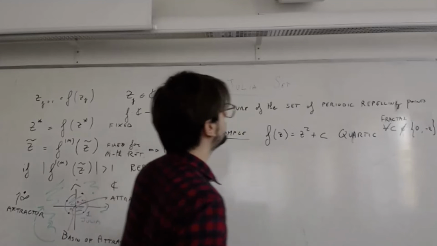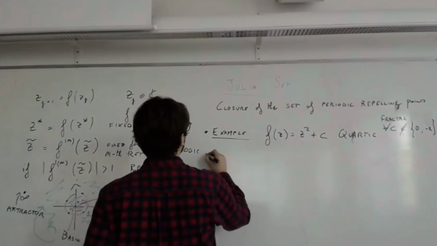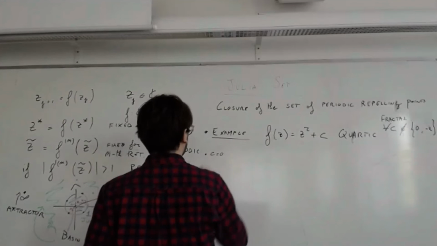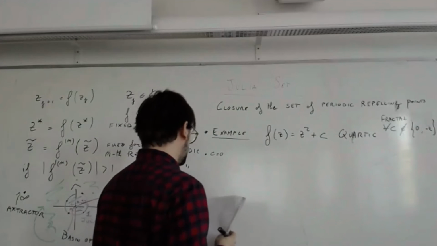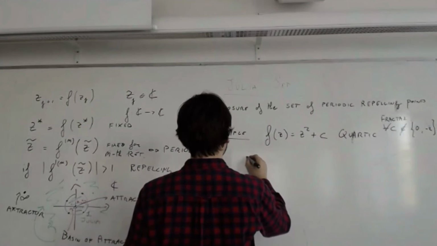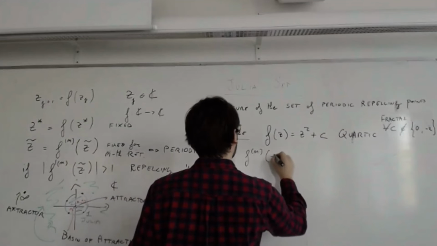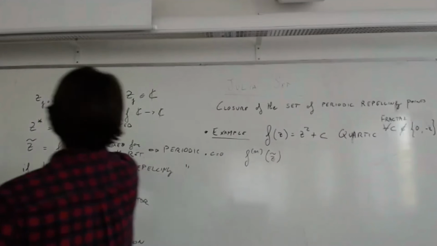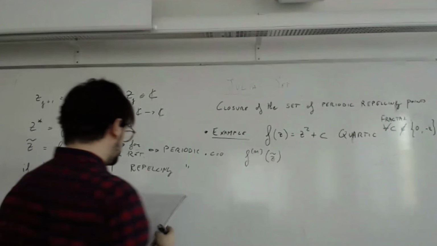Okay. So to demonstrate it, again for C equals 0, it's fairly easy, because then your periodic points, what you are searching for are the nth return map of a given periodic point. Well, it's here, right? You're searching for this kind of point.